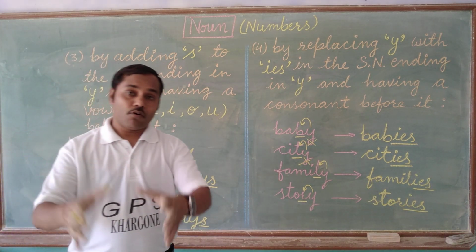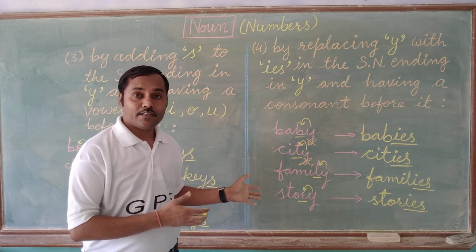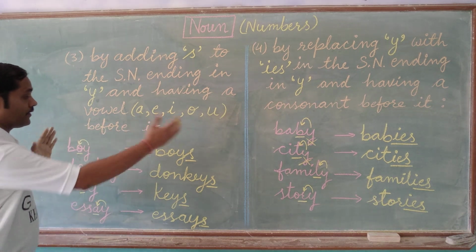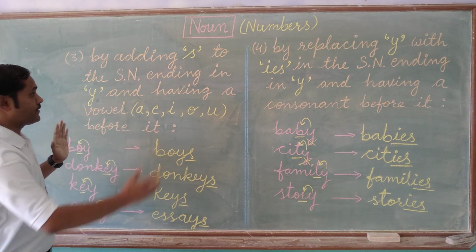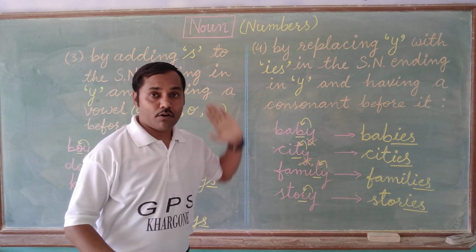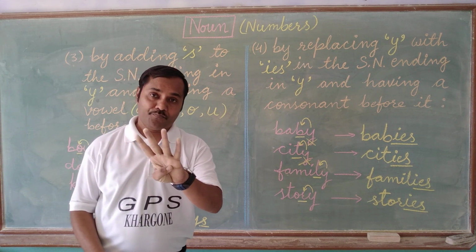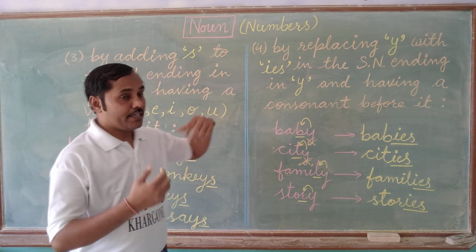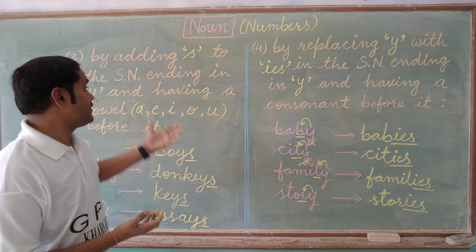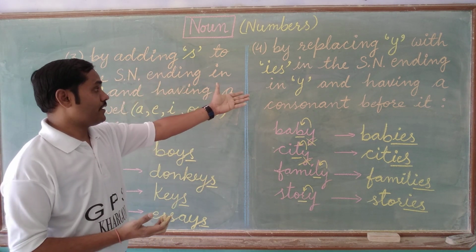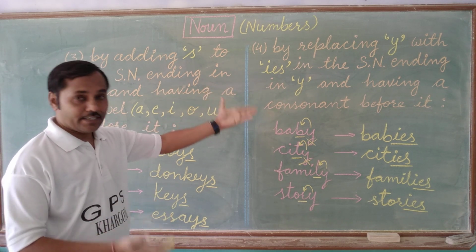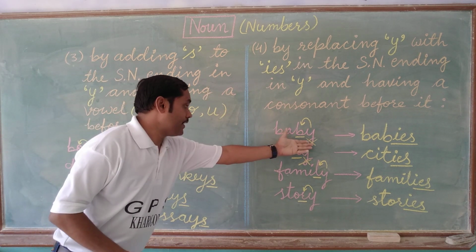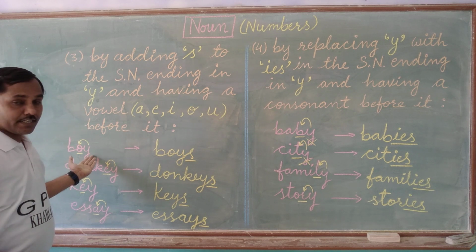I hope that you got my point, what is happening here and what is the difference between these two types of cases. Up to here we have learnt about 4 cases. First case is by adding S, second case is by adding ES, third and fourth cases depend on the type of nouns which are ending with Y. But the situation is different.